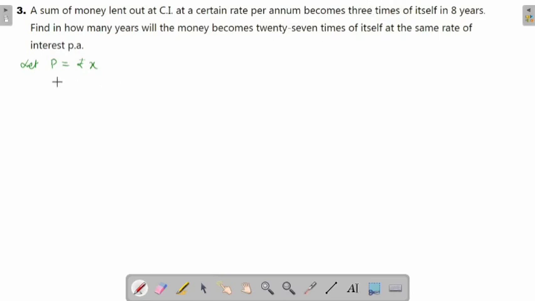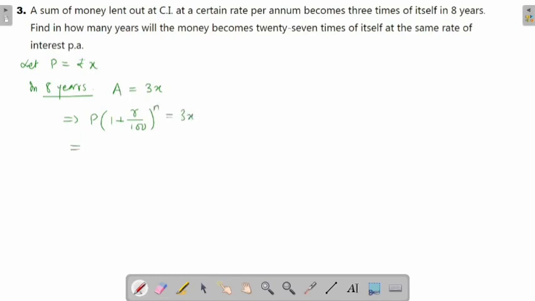So in 8 years, it is given that the amount will be equal to 3 times x, 3 times the initial amount. The formula is P into (1 plus r by 100) to the power n, and this is equal to 3x.